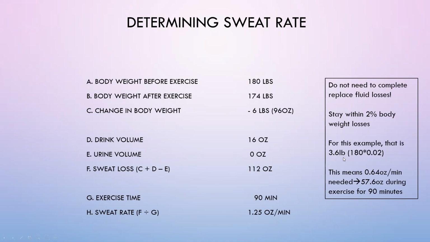So in this scenario, that means that this person only needs to be taking in 0.64 ounces per minute to put us close to that 57.6 ounces for the exercise time of 90 minutes in this scenario. Okay? Keep in mind, we do everything in ounces. So you convert that pounds into ounces, that's where you're getting this 57.6 from. Dividing that by 90 minutes, that means you're getting 0.64 ounces per minute.